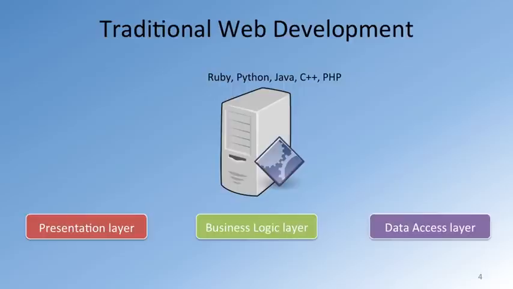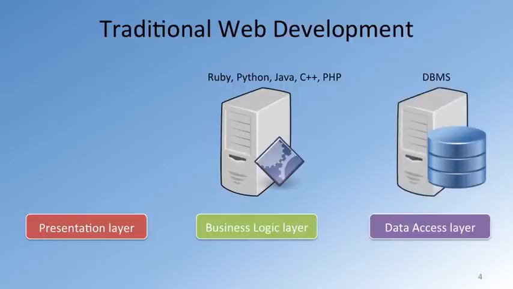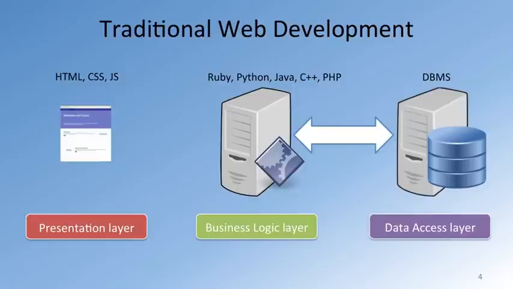This server in turn is talking to a backend database management system to exchange data, and in turn will be generating the front-end display of data to the user by server-side rendering of the HTML, CSS, and JavaScript. This has been the traditional approach that has been used successfully in web development.